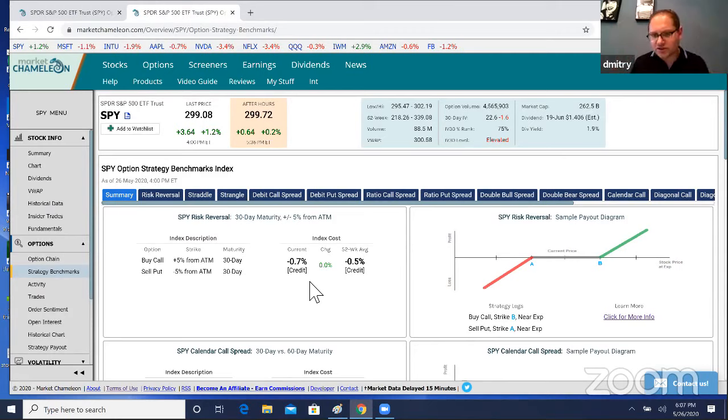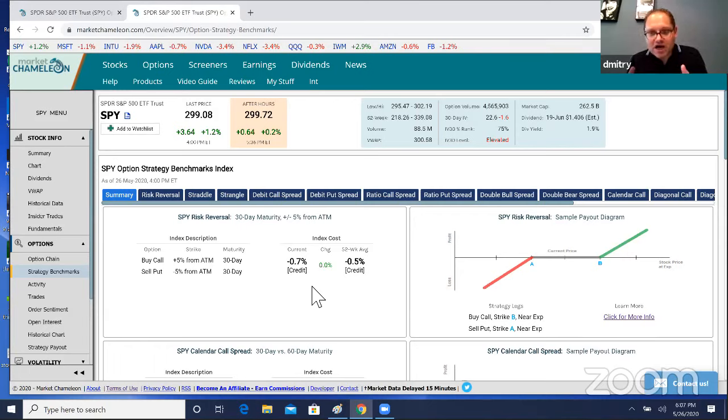So if we had a constant 30-day maturity, just like the VIX, and if we bought an out of the money call 5% above the at the money, and we sold an out of the money put 5% below the at the money, what would that cost us relative to the stock price? So over here, we see like today's, we would receive a 0.7% credit relative to the stock price.